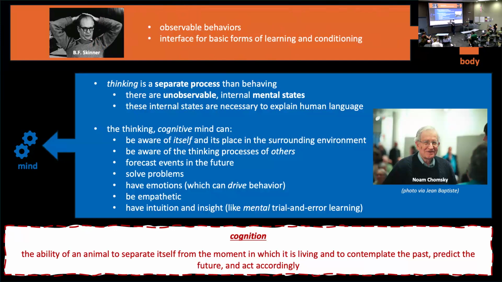But I do know that when I give a reward over and over again, I gradually change a behavior. And that tells me about the learning ability of the animal. But that's all things that I can assess from outside the animal, and I don't need to assert that there are certain things going on inside the animal that are unobservable. To Skinner, everything you can learn about an animal should be something you can observe about the animal.